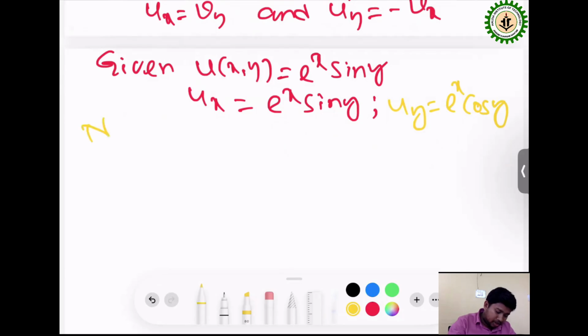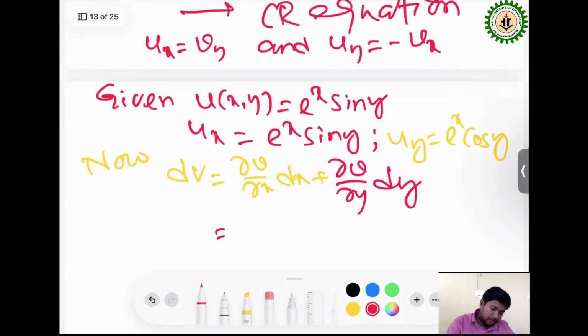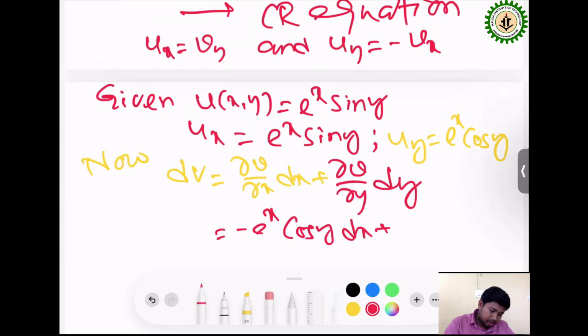We know that dv equals del v by del x dx plus del v by del y dy. Using the CR equation, del v by del x equals minus uy, which is minus e to the power x cos y dx, plus when vy equals ux, that means e to the power x sin y dy.